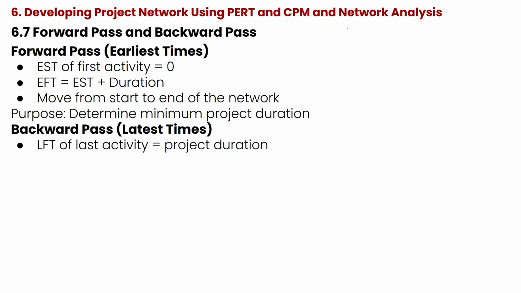All of this will not make sense to you now. Just hold on. Latest starting time is equal to the latest finishing time minus duration. When you are going back from the end of the project to the beginning, there are two different figures you have to get in order to determine a lot of things that we'll be considering later.